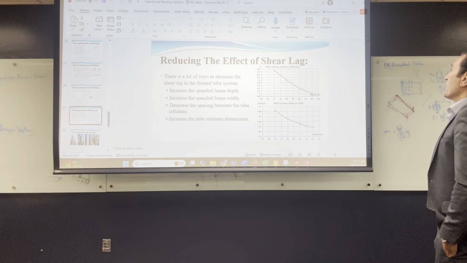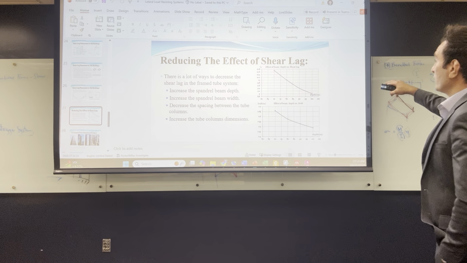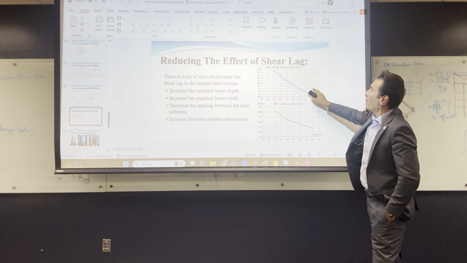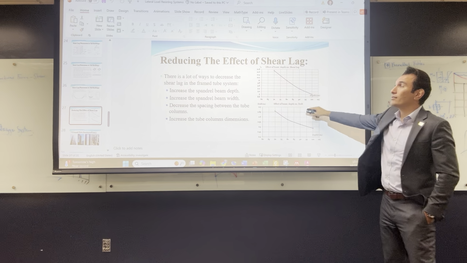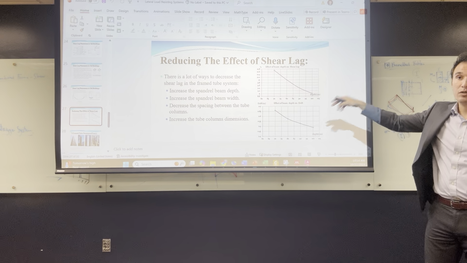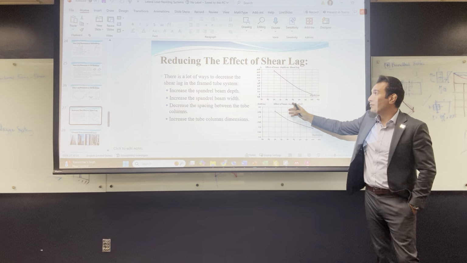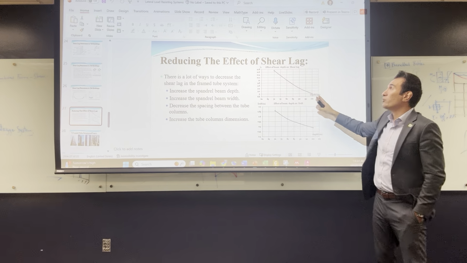So, yeah, you know what? These are two charts from my graduation project in 2013 back in Canada, because my project was a tube system. I was trying to capture the effect of the beam depths on the shear lag. The beam depth, for example, decreased the shear lag from 10% to 9%.